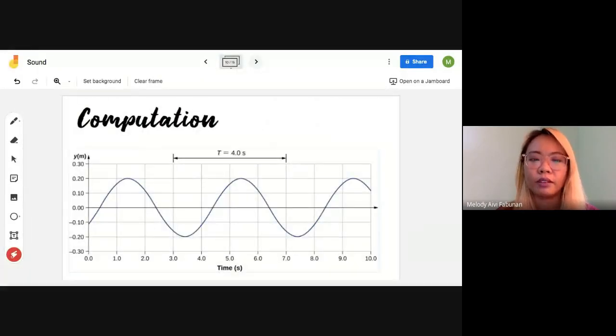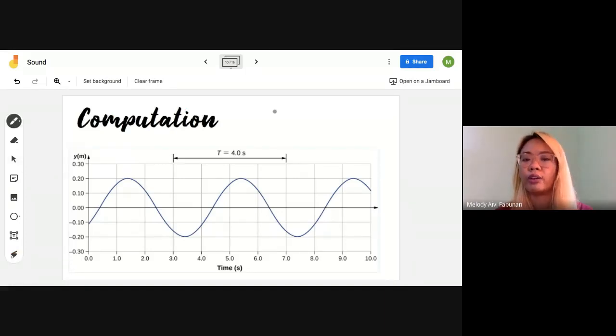Next, for this one, let's try to compute for the frequency of this sound wave. So again, for our sound wave, we are going to compute for the number of waves, and then we are going to divide it in terms of the time na na-achieve yung wave na yon.